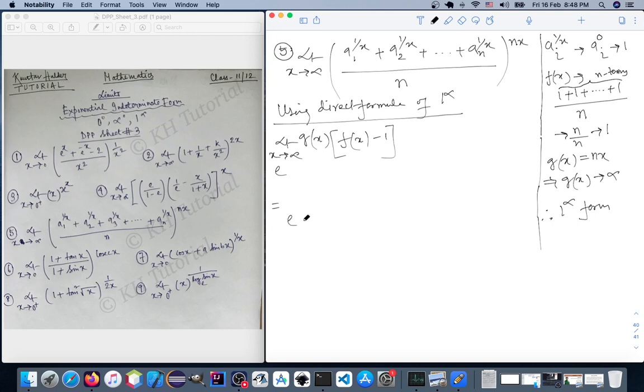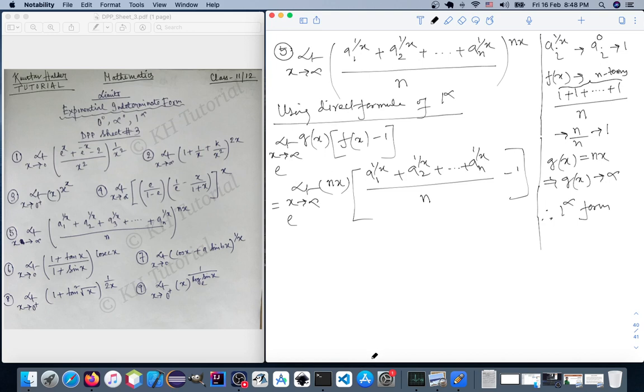This becomes, in this problem, limit x tending to infinity, g(x) is nx, and f(x) minus 1 is (a1 to the 1 by x plus a2 to the 1 by x, like this, plus an to the 1 by x) by n, minus 1.